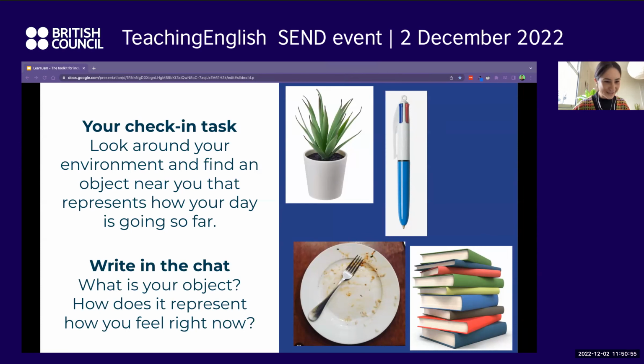So my object is this pencil. I don't know if you can see. I have a very bad habit of chewing the end of the pencil. So I think it describes how I'm feeling, which is a little bit nervous, to be honest, to be talking to so many people. But just to share a little bit about myself, to build a bit of empathy about how I'm coming to the situation. But it's also very exciting to see so many people here today.